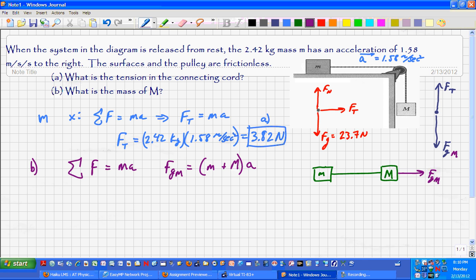So let's put some numbers in here, stuff we know. F of G for big M, we don't necessarily know any numbers here, but that's going to be big M times the acceleration due to gravity, which is g. So I've got big M times g is equal to little m plus big M times the acceleration of the system.